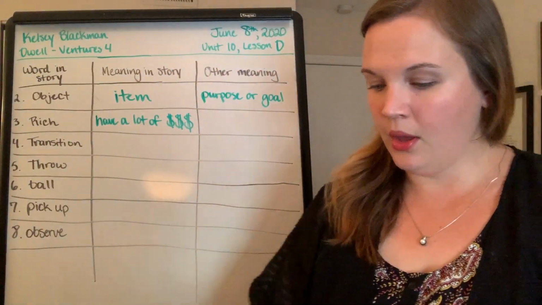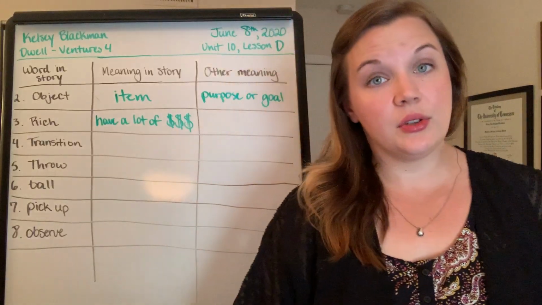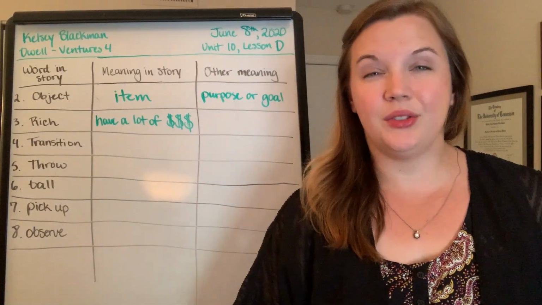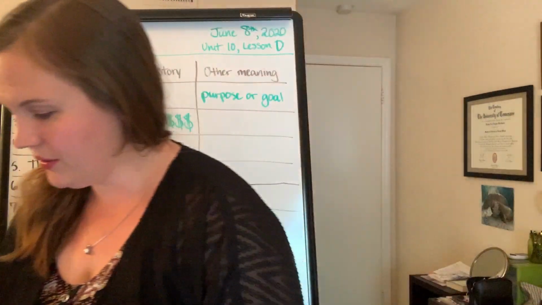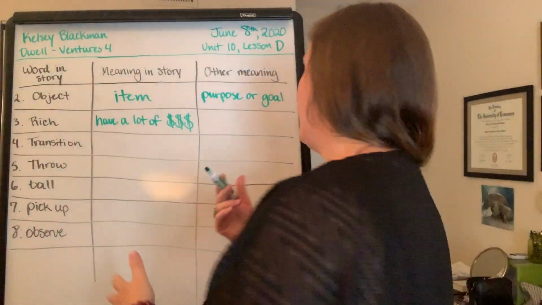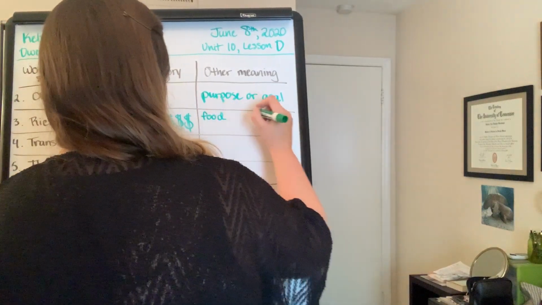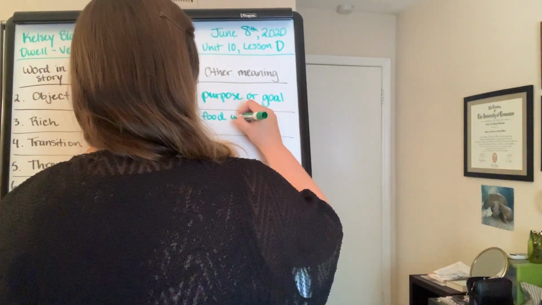Okay? But there's another meaning for the word rich. You can also talk about food that is rich food. So it's food with a lot of oil or butter or cream. And that food is usually considered rich.